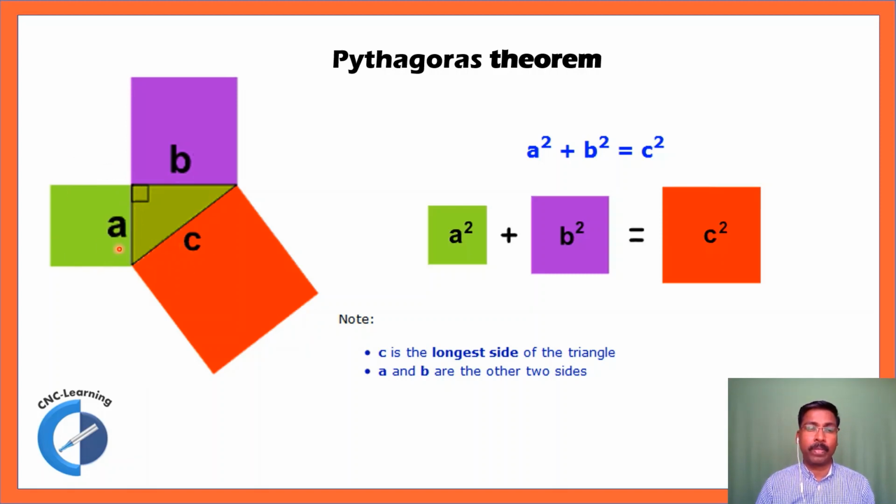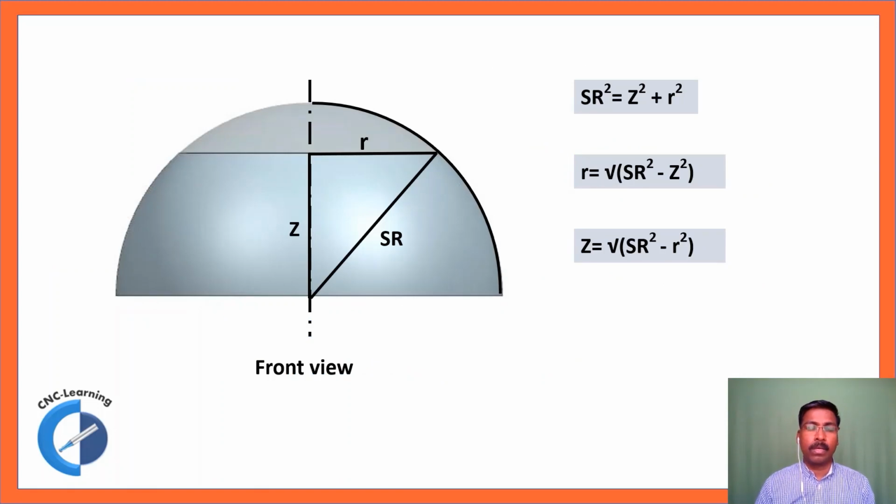That means a square plus b square equals c square. So the square formed by c is the largest, and a and b are the smaller ones.